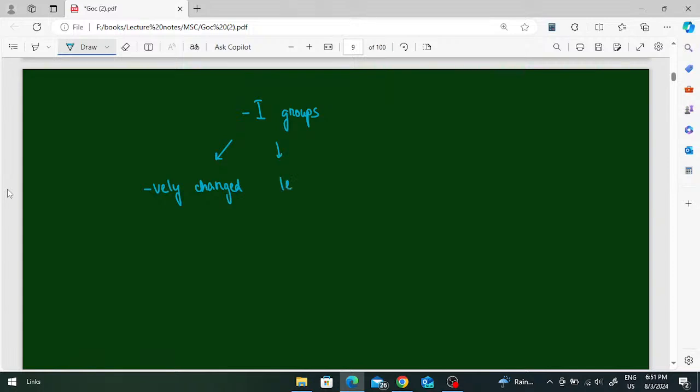Then in this case, negatively charged, then more electronegative groups than carbon, then we'll have alkyl.